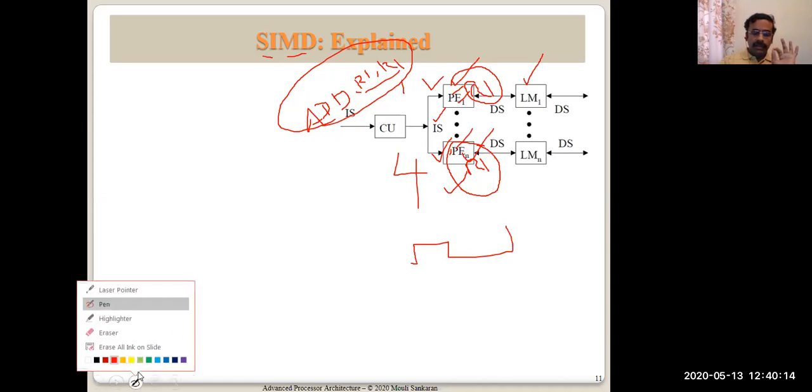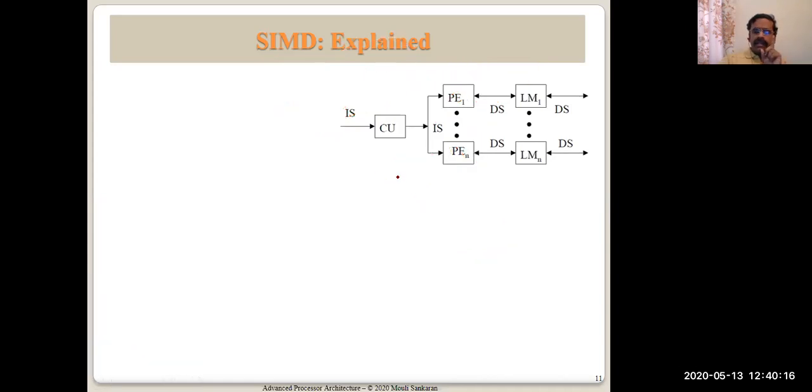It's a multi-core processor, but it has a limitation. Each processor can only execute the same instruction. One cannot execute add while another processor executes mul, because they are given the same instruction. That is the only difference.